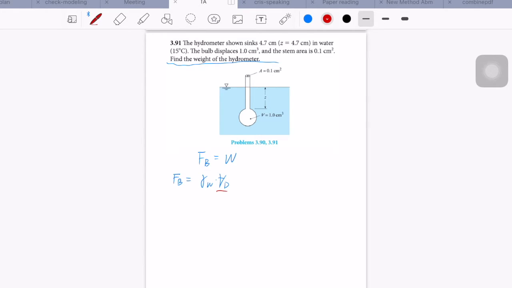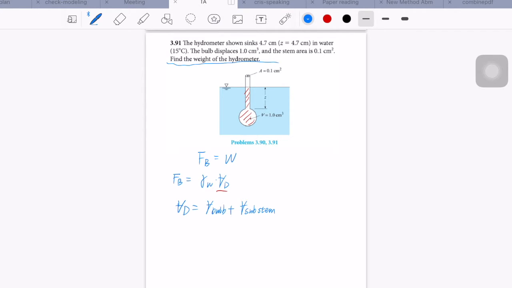So for this problem, the volume D should be equal to the volume of the ball plus the volume of the submerged stem.